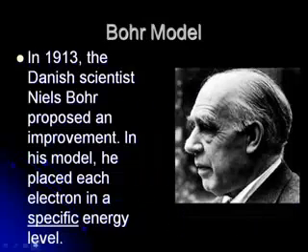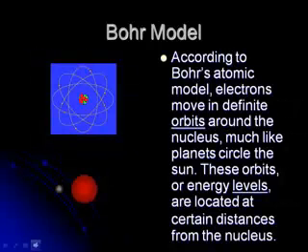Okay, so that brings us to Bohr. Basically what he did was start to look at what's going on with the electrons. Bohr's model, basically he said that these electrons are moving in orbits around the nucleus.